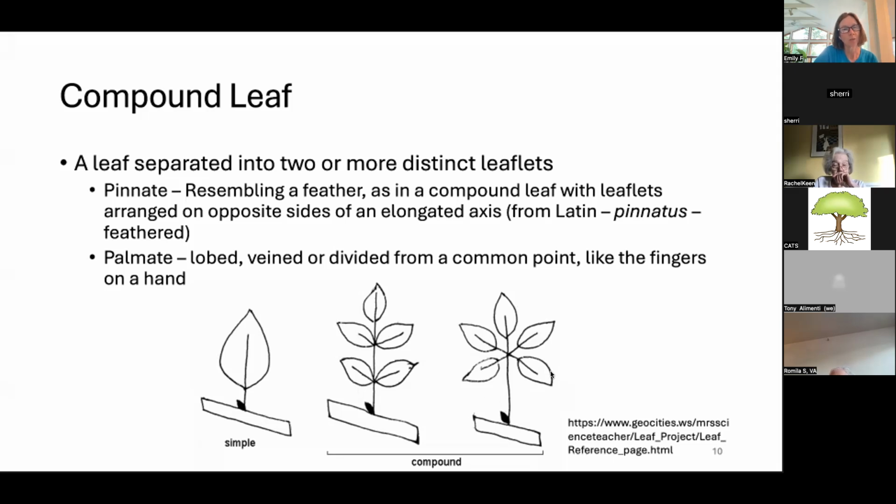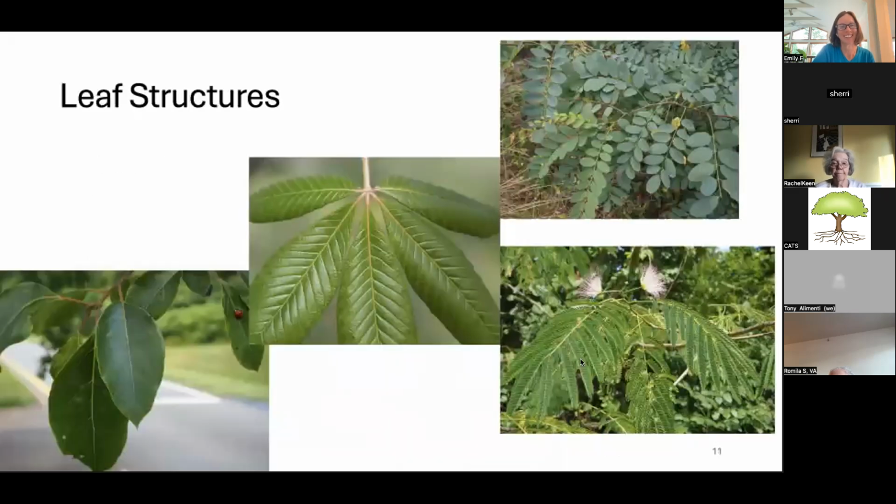The last type of compound that we can have is palmately compound, and that's like your hand. All of the parts of the leaves are coming out from a central spot. So we're going to see these diagrams more. So I hope you like them.